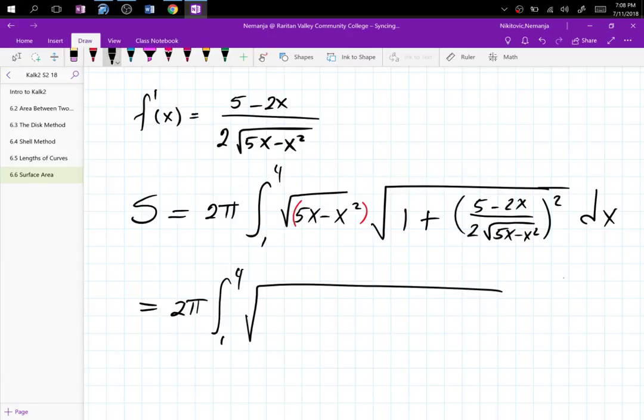So when I multiply, I get 5x minus x squared. So that's the red parenthesis times 1. Plus, I have 5 minus 2x still squared divided by 4 times, and I have one of the square roots surviving, right? Because 1 is canceled and 1 survives.